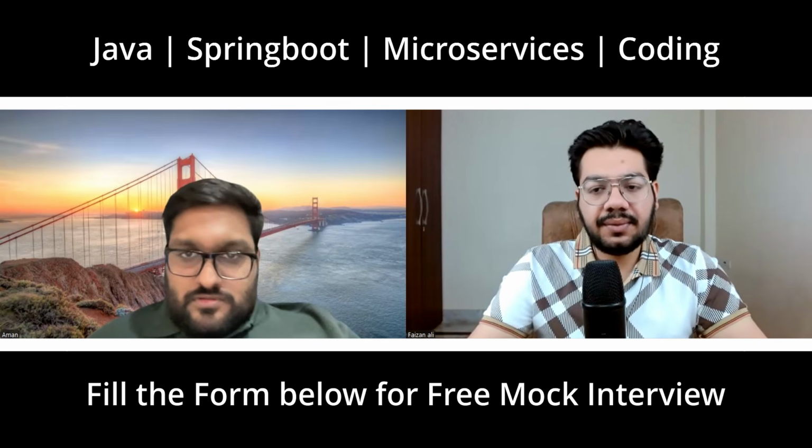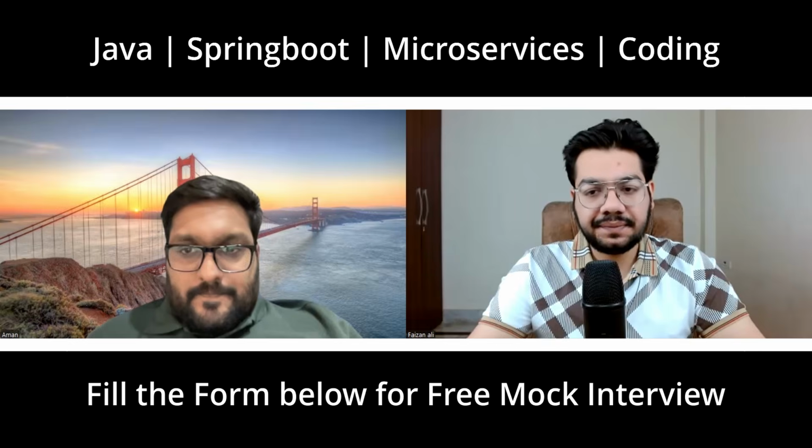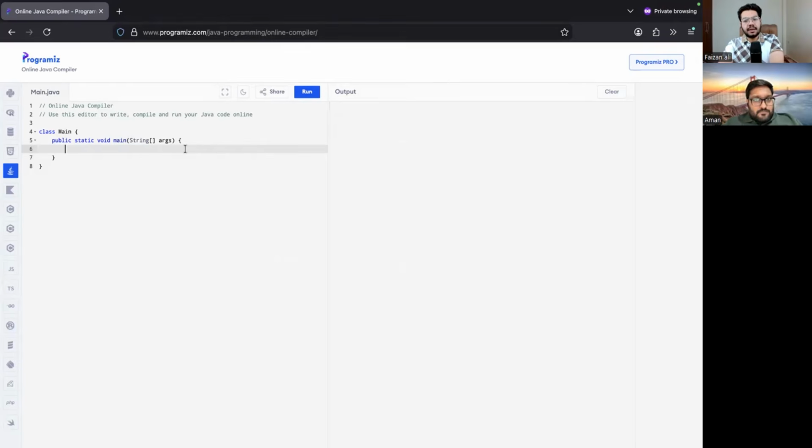I'll share a few coding questions then. You are given a list of integers and you have to find the third largest element from the list using the Stream API. Okay, let me try.